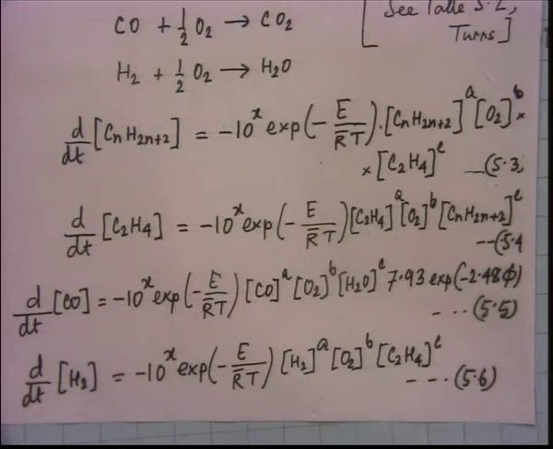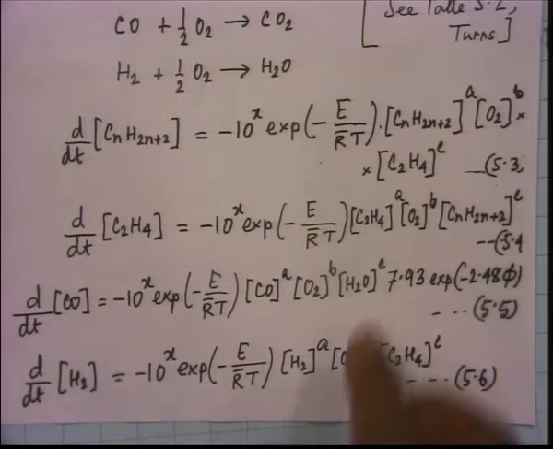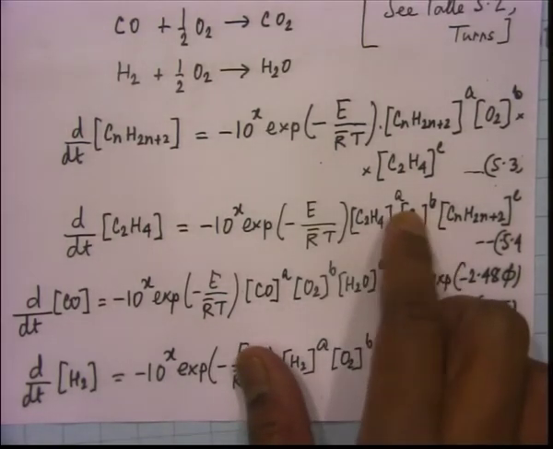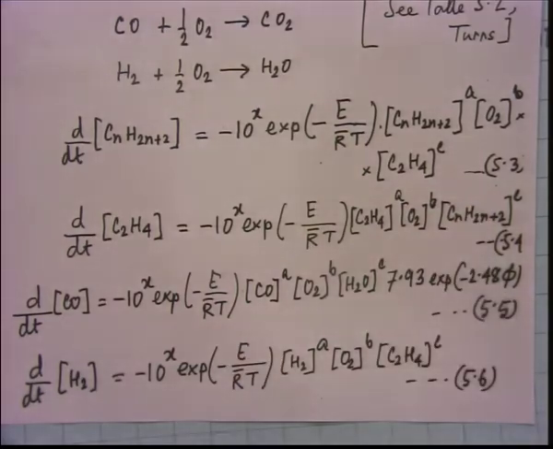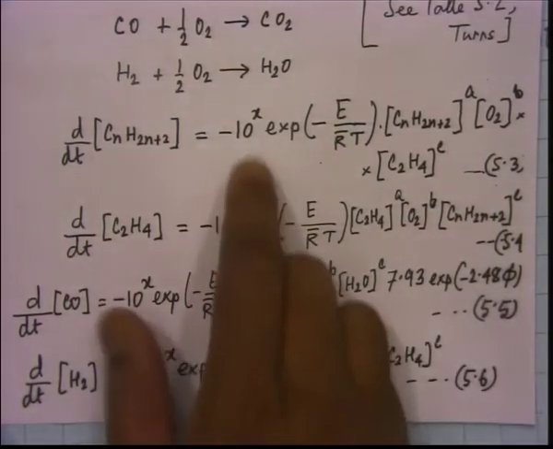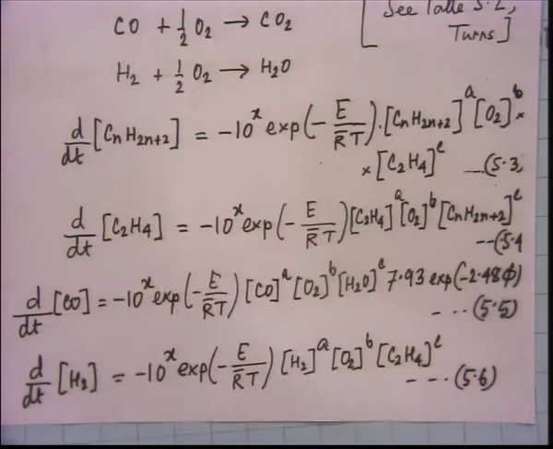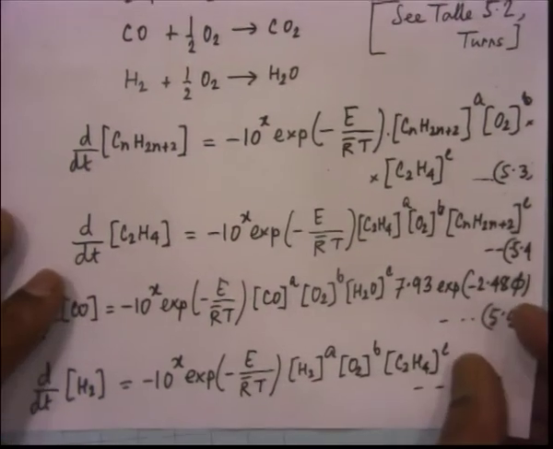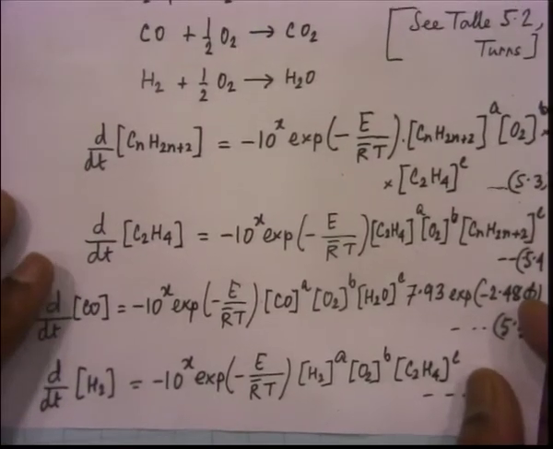This discussion is there in Stephen Turns's book, and the data pertaining to various exponents, for example, A, B, C, etc., and the x which you see here, these are all available in table 5.2 of Turns. So, treat this as information which you can look up, okay. And we can use these a little later in the course.